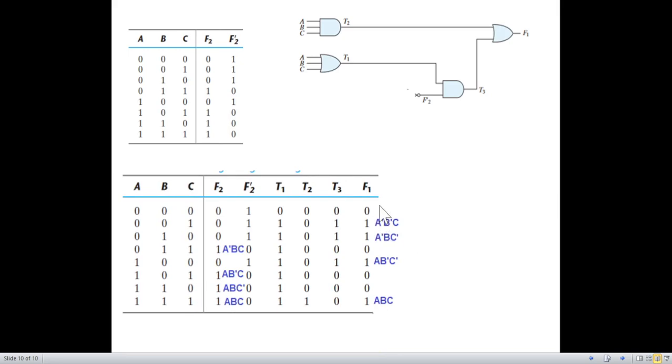So we can simply write the terms where F1 is 1. So it's 0, 0, 1, which we can write as A dash, B dash, C. Then here it is 0, 1, 0. So we'll write A dash, B, C dash. And same here. Also for F2.